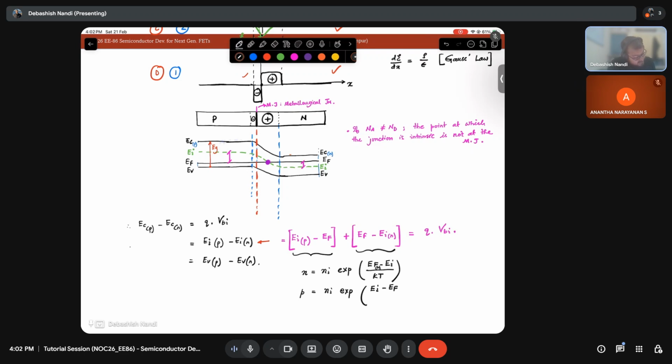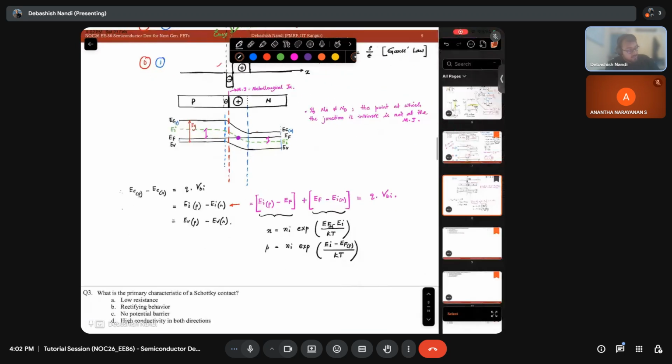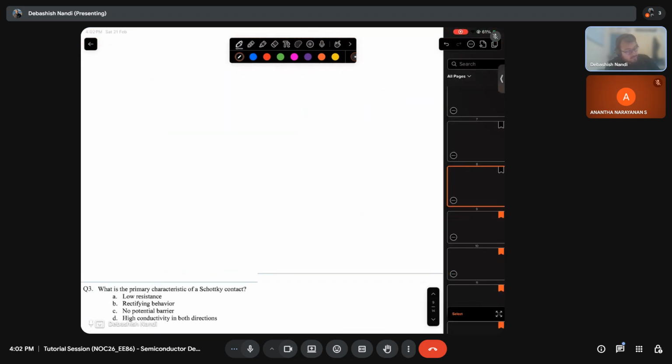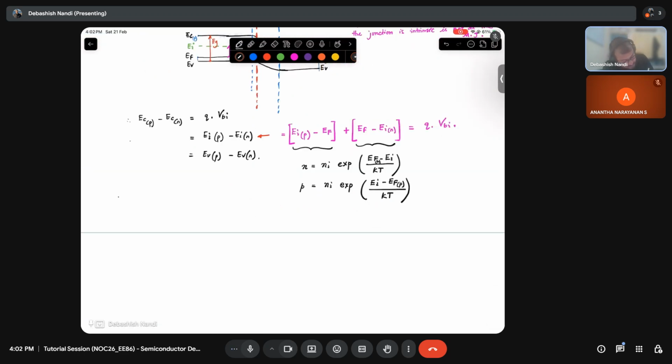Let's say this is n, this is p. So what will be EF minus EI for N type?